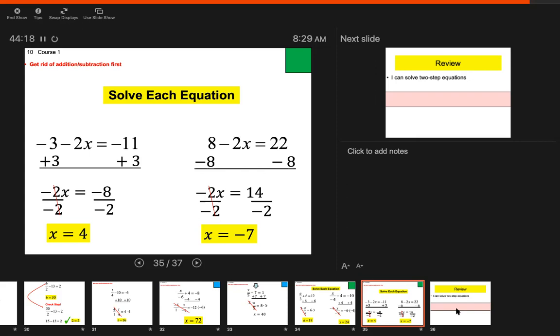I want to see all of your work. I'm providing you the answers so that you can check. If Malachi had seen that it wasn't 15, it was -7, then he would have looked over his work and identified his problem. So yes, on the back are the answers. If you turn this in with just the answers, you will not get credit for it. You will get a big fat 0.